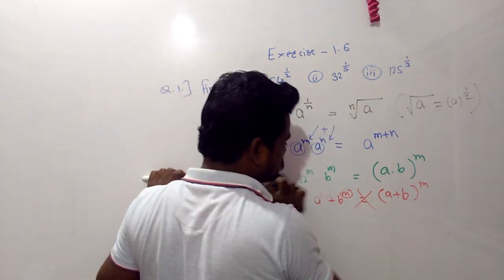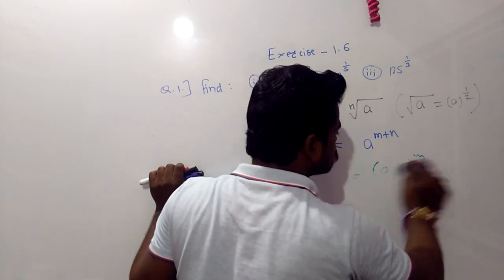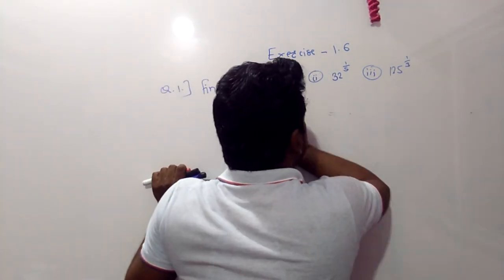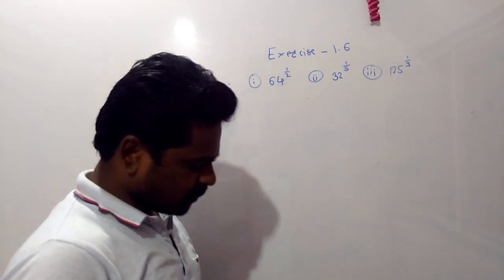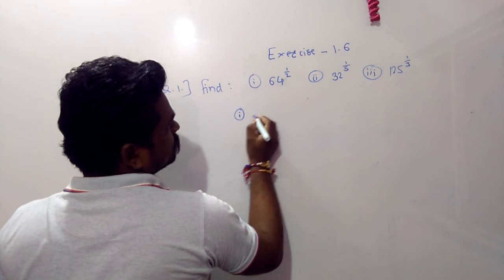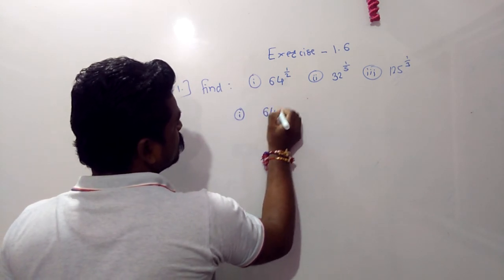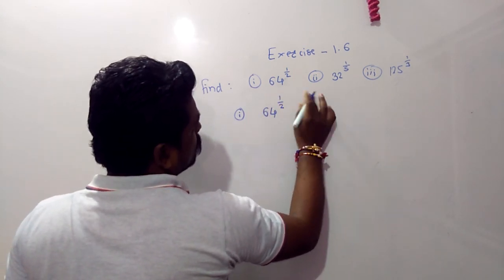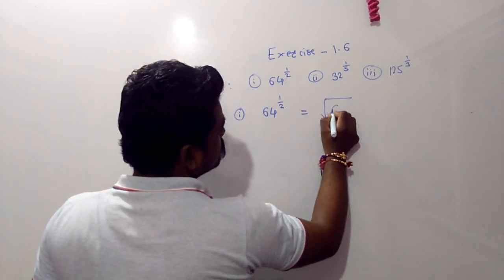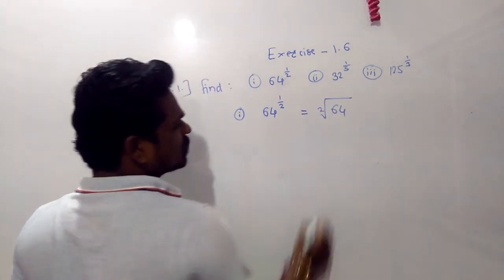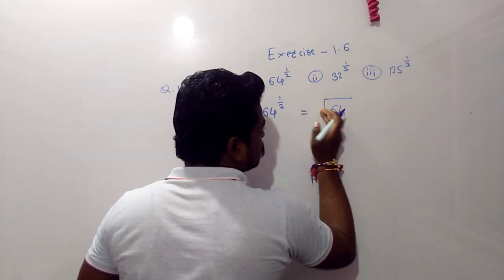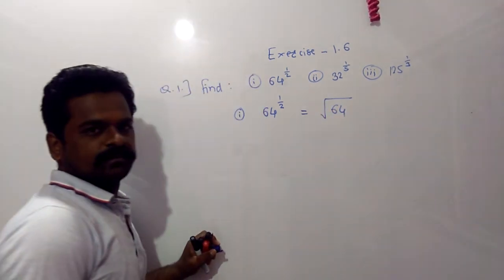These are the basic formulas related to this exercise. Now let's move towards question number 1. Very easy question. The first one is 64 raised to half. How can we write it? First we'll write it as under square root 64. You can write the square root sign, but we can understand this is only square root.